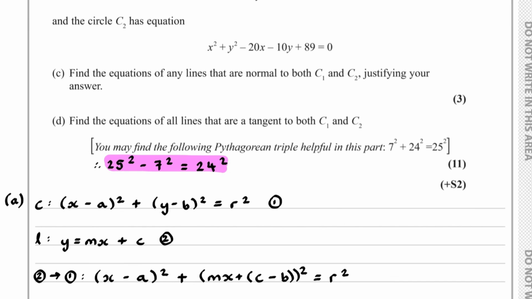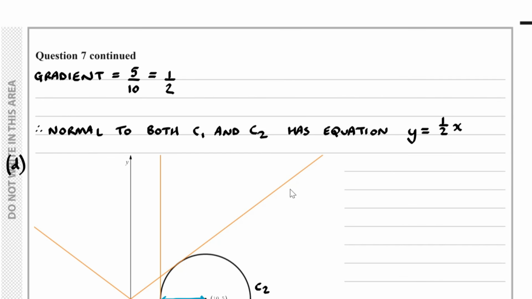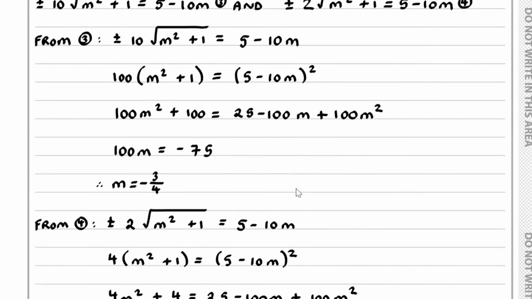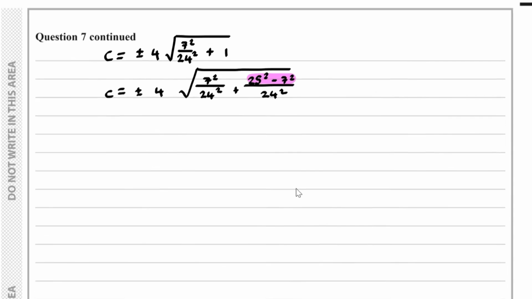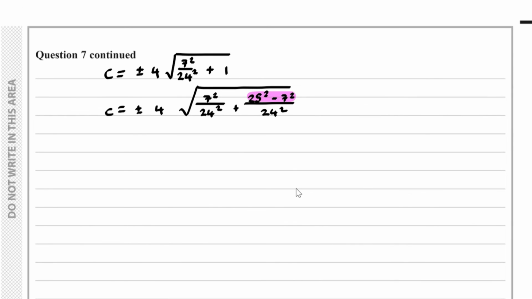So if we simplify even further, what we will end up then in this case is c equals plus minus 4. And here we've got 7 squared plus 25 squared minus 7 squared. So that's the same as 25 squared over 24 squared.